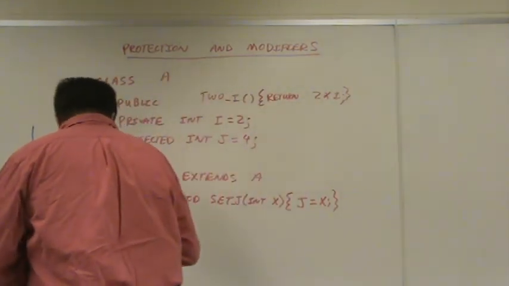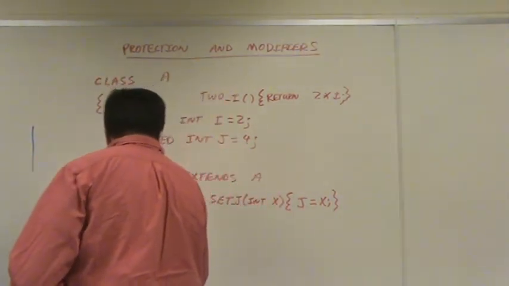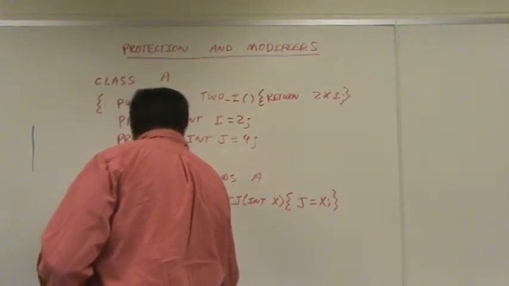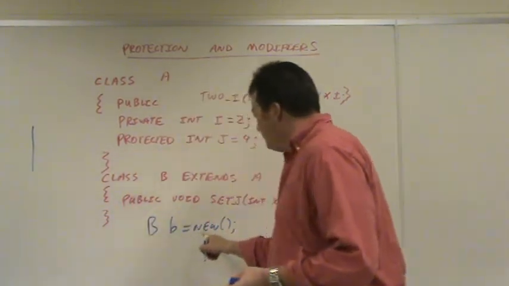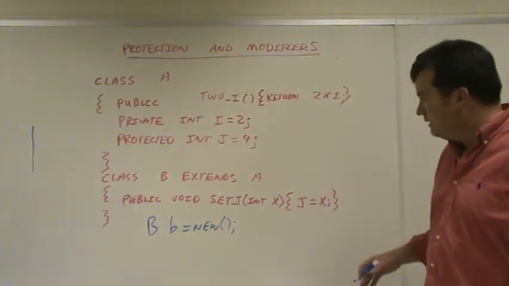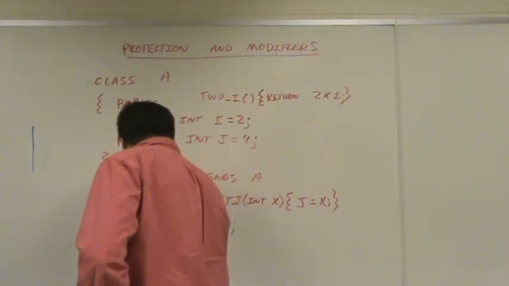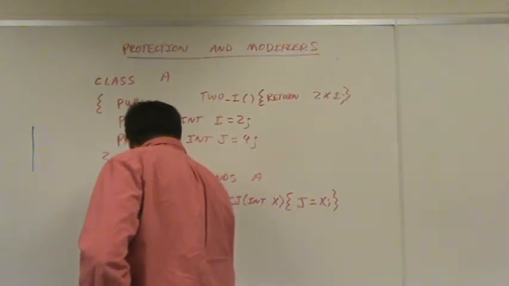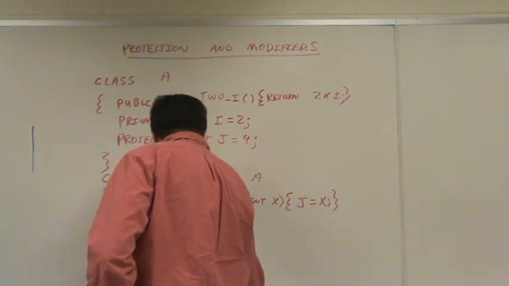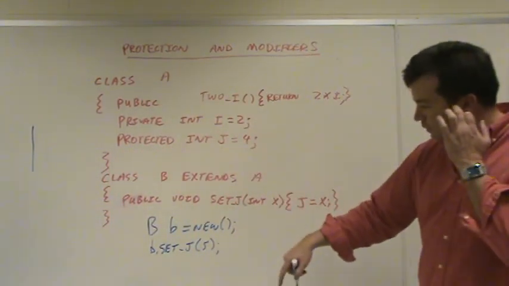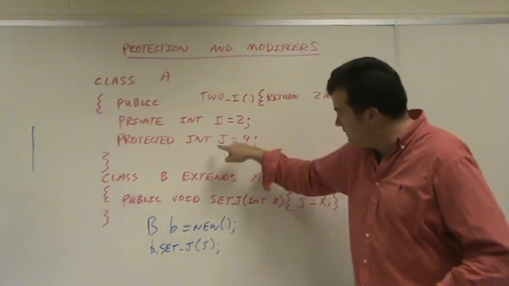Now, if somebody came along and said, I'll create an object B of type big B, they can now call the big set j method and set its value to 5. That method will work, and the 5 will set this value.